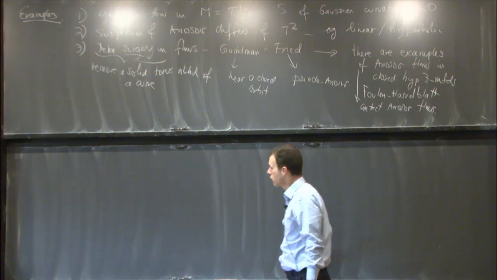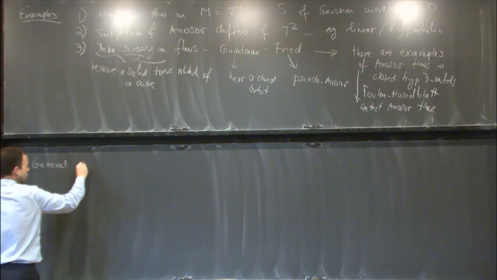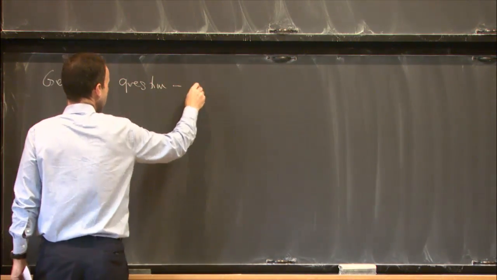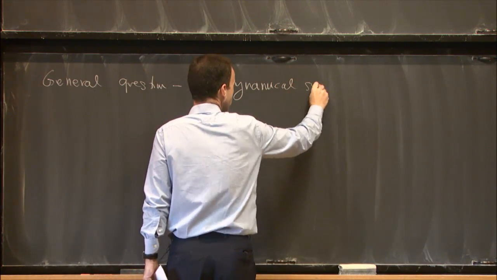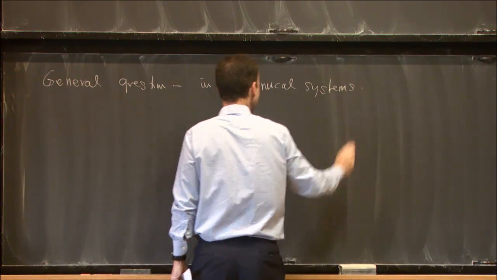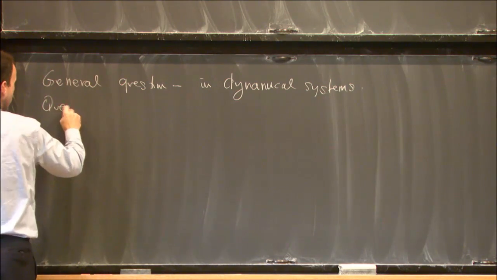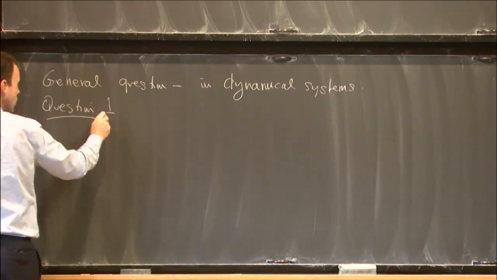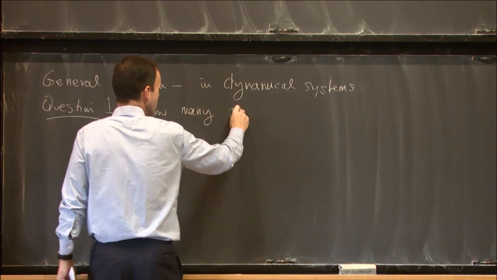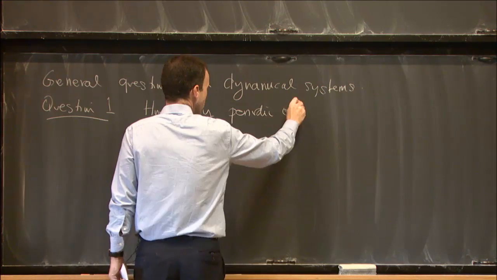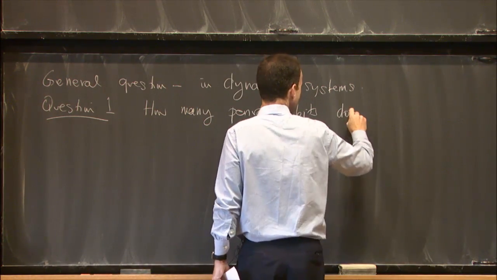So there is a general question in dynamical systems, which is to count periodic orbits. So how many periodic orbits does an Anosov flow have?